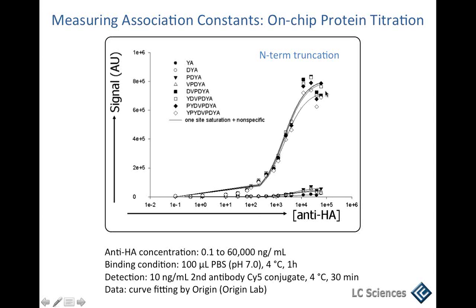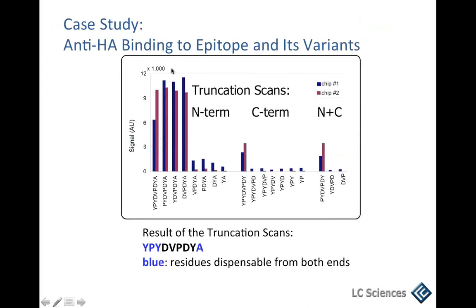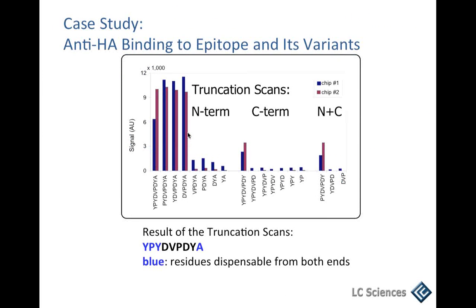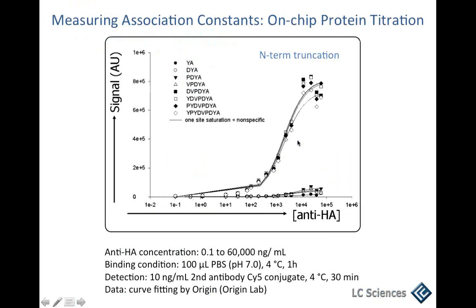So this is how you get pretty nice titration curves like this. And it basically reflects exactly what was shown here on the left side with the internal region, that you have basically no binding whatsoever and then suddenly an increase in binding. It's exactly shown here with the titration experiment as well.